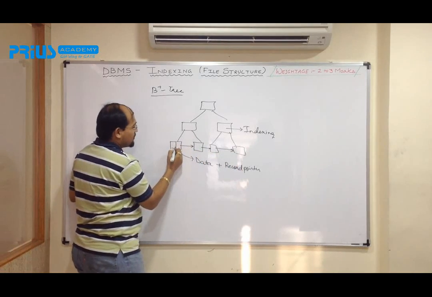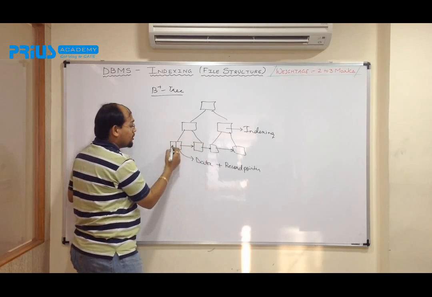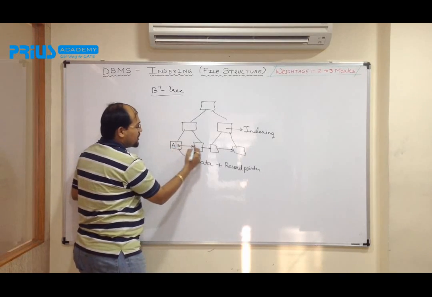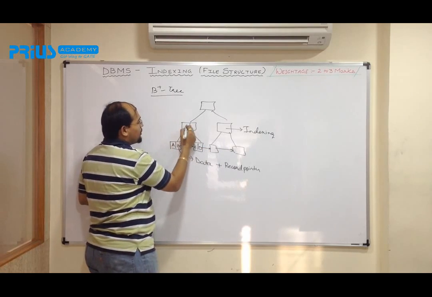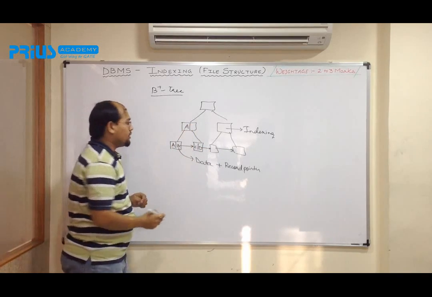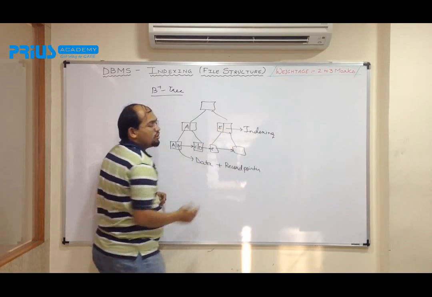I can say if there are records, they will be in ascending order, that is A, B, C, D, and so on. And definitely I will have a repetition of A over here. And if from this side it is, let's say, E, then I may have E over here.